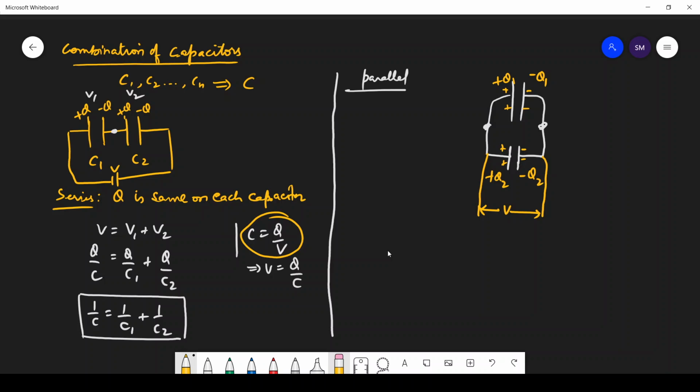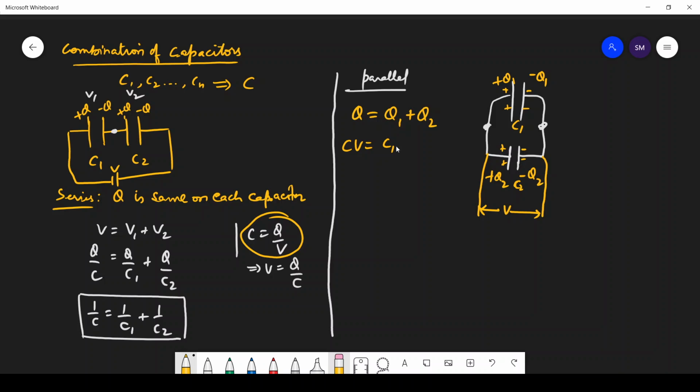Now here the charge is divided. So in series the charge was the same, but the potential was divided. But here the charge is divided. Q is equal to Q1 plus Q2, and Q is equal to CV. Q1 is for C1 capacitor, Q2 for C2 capacitor.